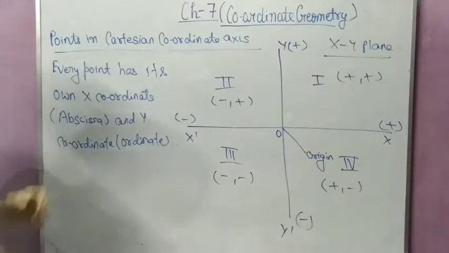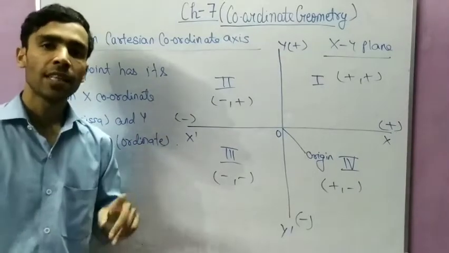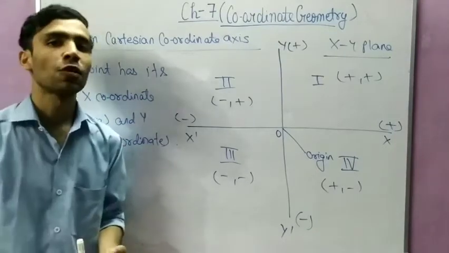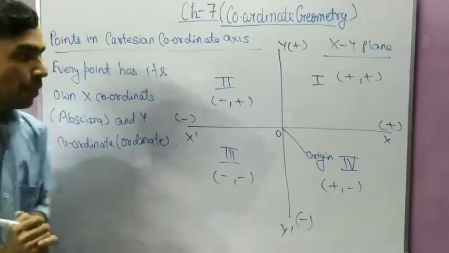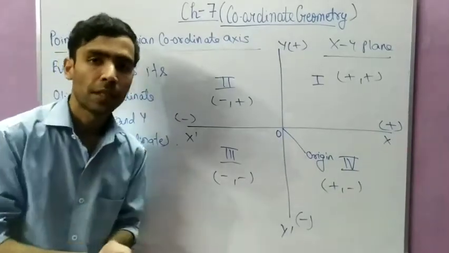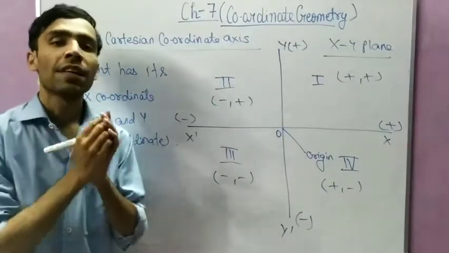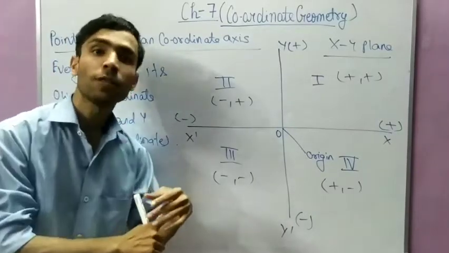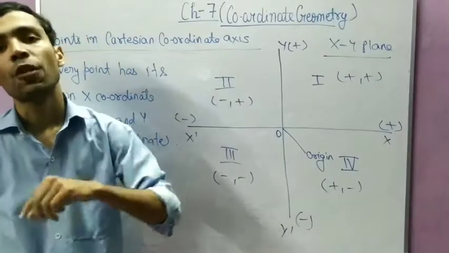So from here we can say every point has its x-coordinate, which is known as abscissa, and y-coordinate, which is known as ordinate. And whenever we write any point, it should have its x-coordinate and its y-coordinate.